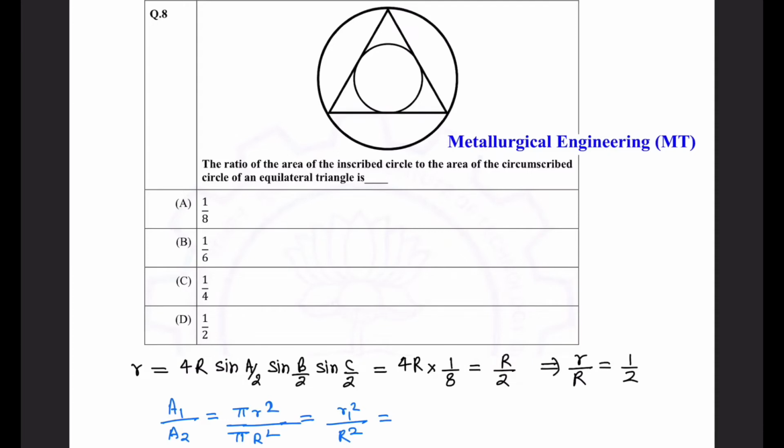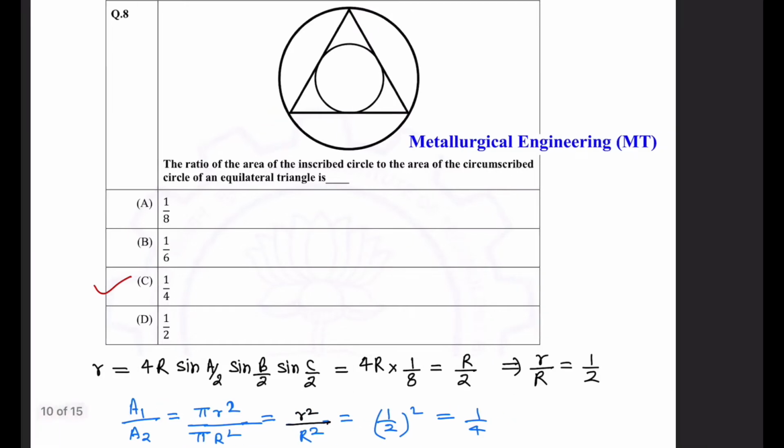This would come to 1 by 2 whole square, and 1 by 2 whole square is 1 by 4. So option C is the correct one. How did we do this question? First we found the ratio of small r to capital R, and then we found the ratio of the areas.